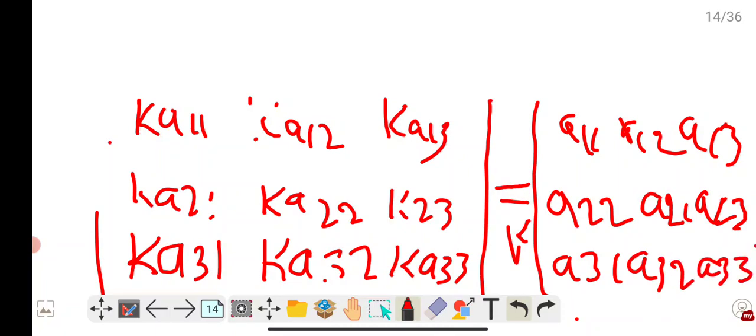Simply we have to take k outside, that is k times the determinant. It is our fourth property.